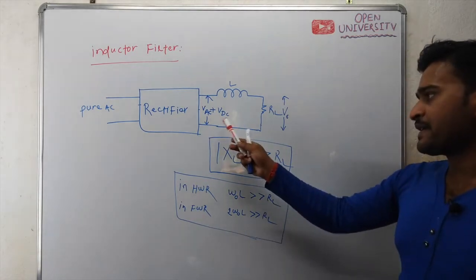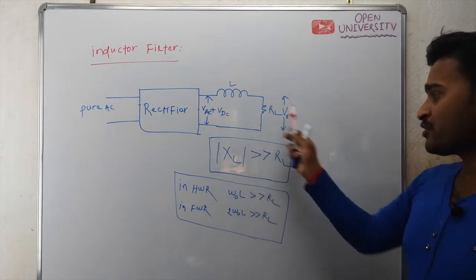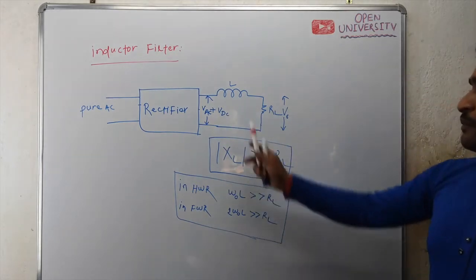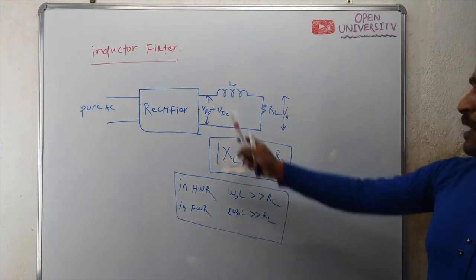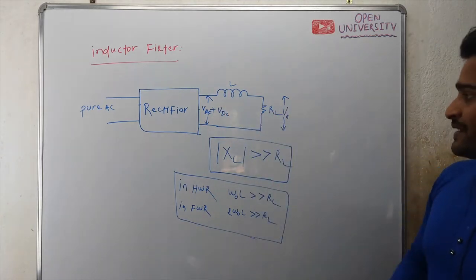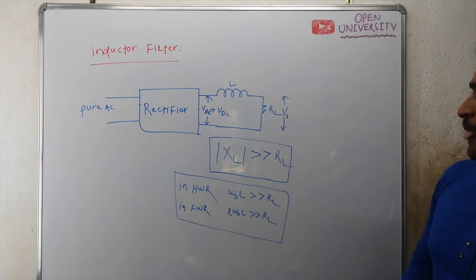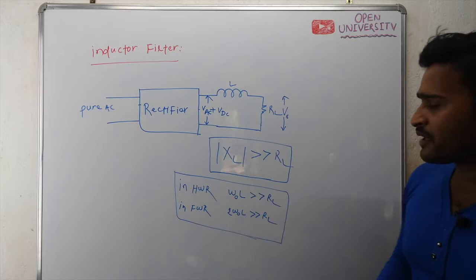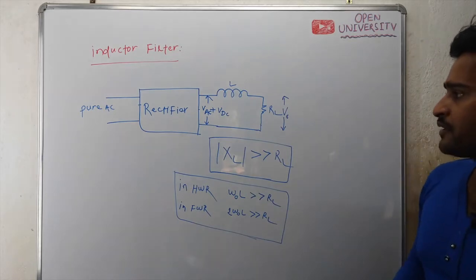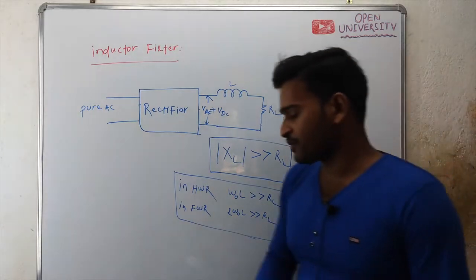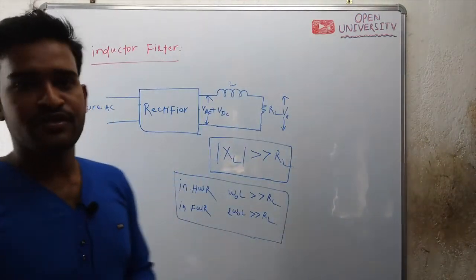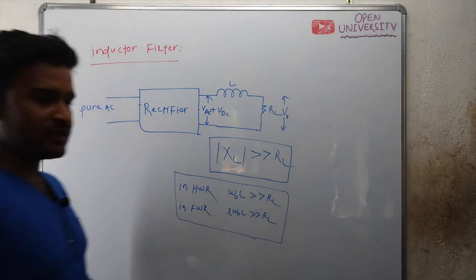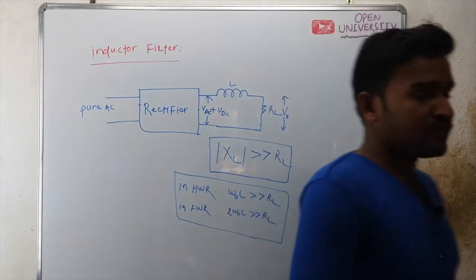Next point, DC component will appear across the load as it is. DC component VDC will appear across the load as it is, because the inductor becomes a short circuit for a DC source.